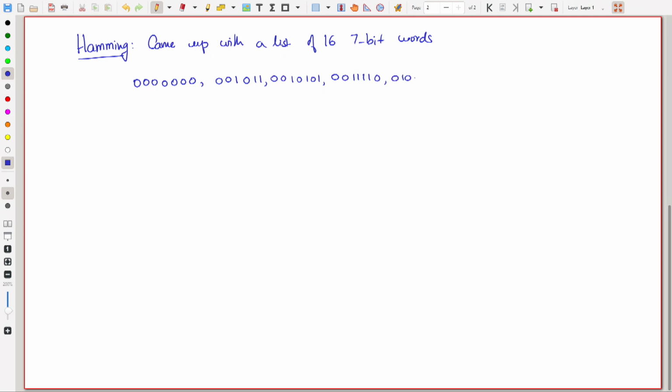Okay, I will just write a few more, I will not write the whole list, you can get it easily from the internet. So, a list of 16 7-bit words, and what is particularly interesting about this is that any two of these words, you take this word here and take this word here, they differ in at least 3 places.